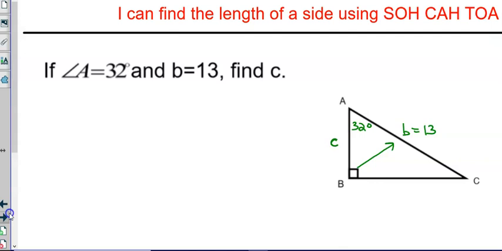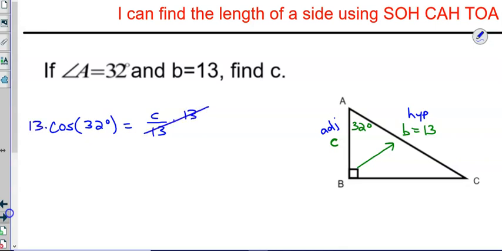It looks like we are given the hypotenuse and we're asked to find the adjacent side, the side right next to 32. Adjacent and hypotenuse, that's our cosine. So our setup is going to be cosine of 32 is equal to adjacent, which is C, over hypotenuse, which is 13. And this is an easy one. If your variable is on top, all you have to do is multiply both sides by the denominator, and you're done.